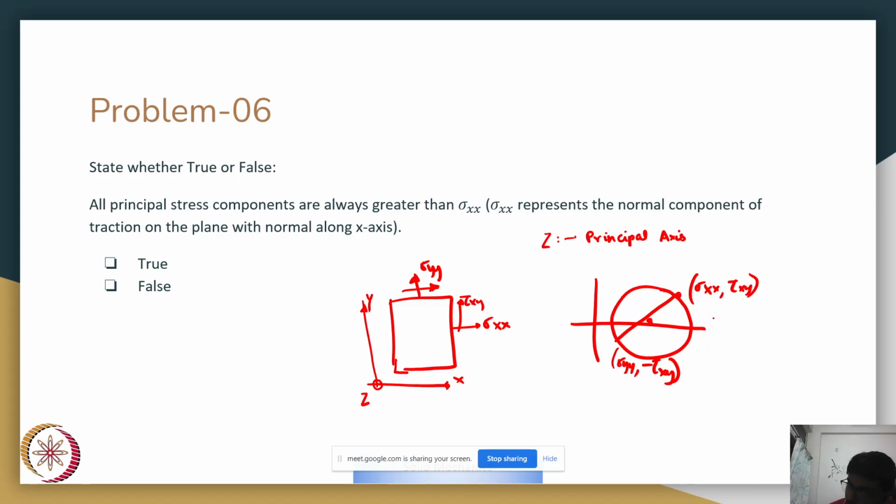Now from the definition of principal planes we know that the points where shear goes to zero, which are these 2 points, are your principal stresses. So you'll have lambda 1 and lambda 2. If you see, sigma xx would almost always be greater than the minimum value of the principal stress component.